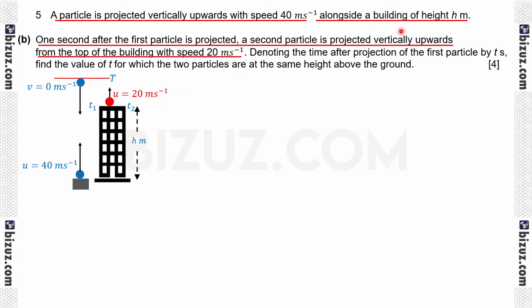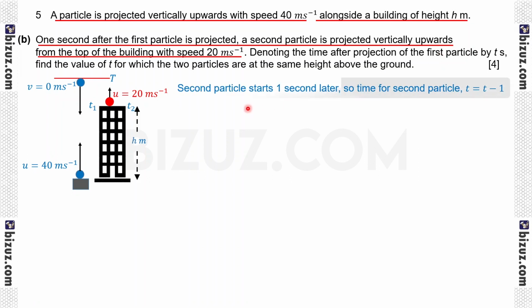Now denoting the time after projection for the first particle by t seconds, so the first particle's time is t. We know that the second particle starts 1 second later, so the time for the second particle is t minus 1, as it's 1 second later.